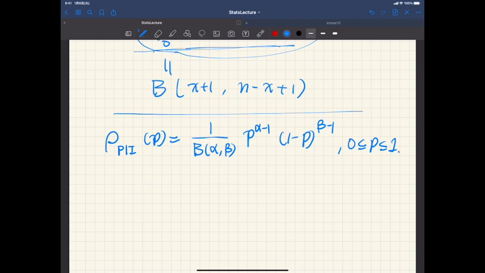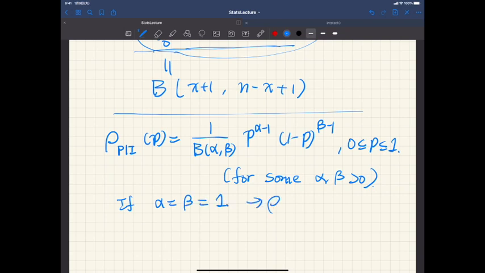So this is another prior distribution for some alpha and beta, and they must be positive. If alpha is equal to beta is equal to 1, then this is a uniform distribution, just like we have used before.